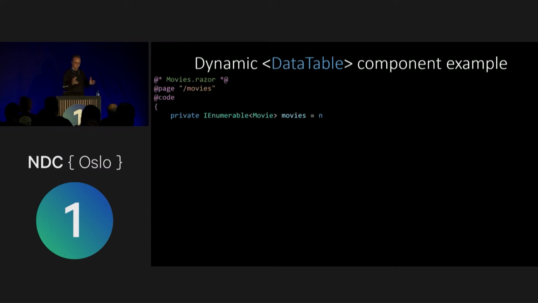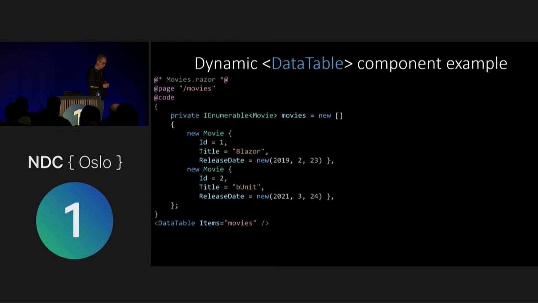So let's make it a bit concrete. Let's create something that we can use to examine these properties with. I have a dynamic data table component for you here. Imagine we have a page where we want to show movies. Somehow we've gotten a small list of movies, and to print a pretty table we pass those movies to our data table component.